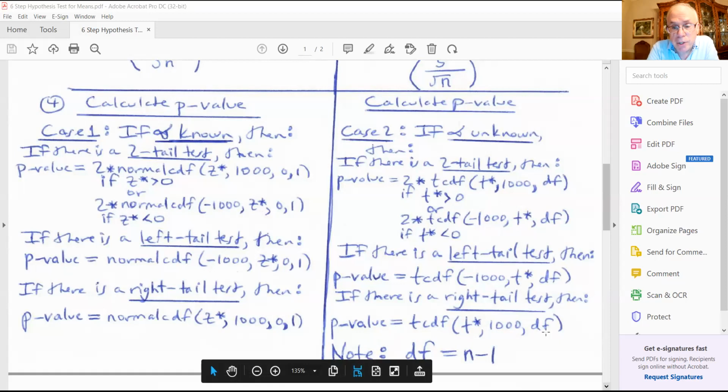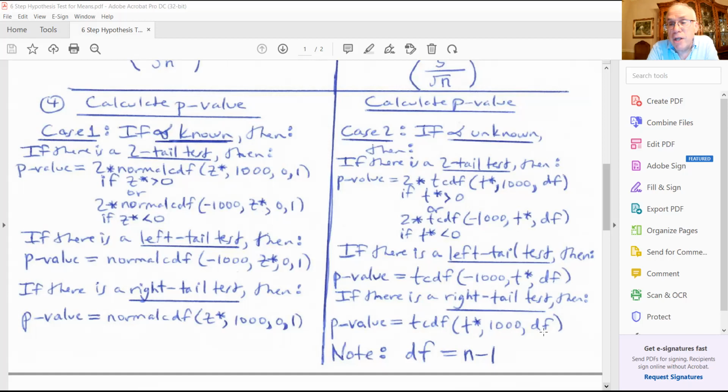This formula here, TCDF. And we're going to use T star, 1000, and the degrees of freedom. Now, T star is going to be what you calculated in step number 3. 1000, you're going to put in there, and then the degrees of freedom is going to be 52, because it's the sample size minus 1. So it's 53 minus 1, 52. That's degrees of freedom. And then we'll get our p-value.